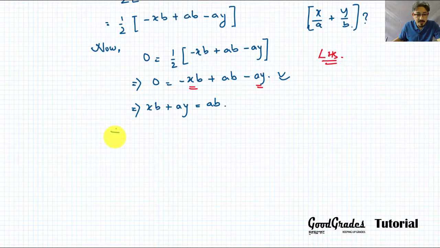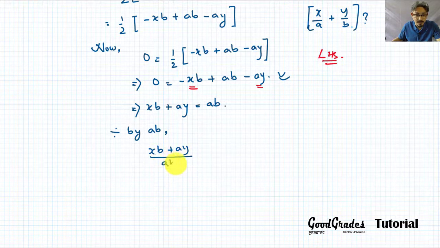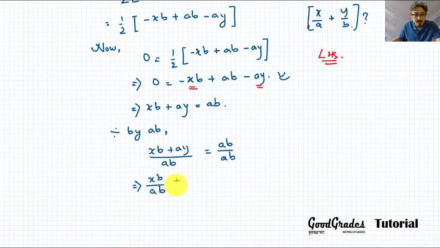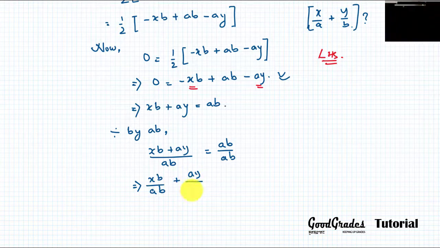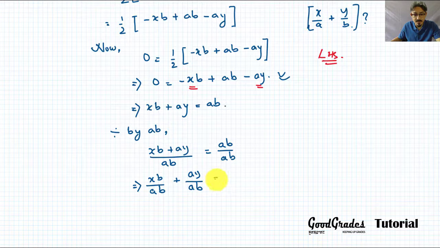Dividing by ab, we have xb plus ay divided by ab, and ab divided by ab. Separating, we have xb divided by ab plus ay divided by ab is equal to ab by ab, which is 1.